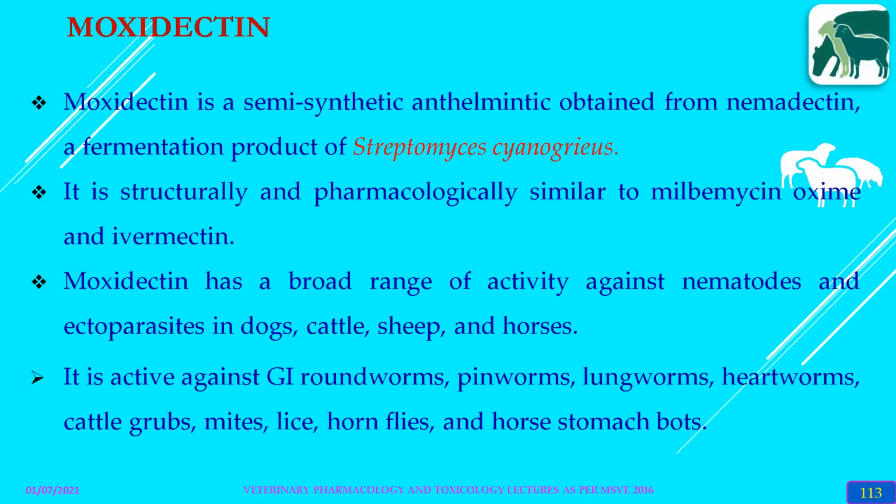Pharmacology: moxidectin has a broad range of activity against nematodes and also ectoparasites in dogs, cattle, sheep, and horses. It is active against GI roundworms, pinworms, lungworms, heartworms, and also cattle grubs, mites, lice, and almost all the roundworms.